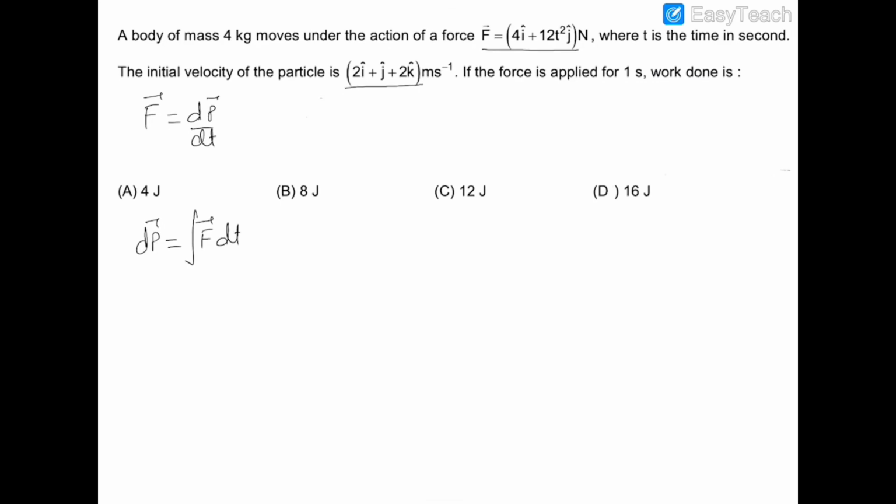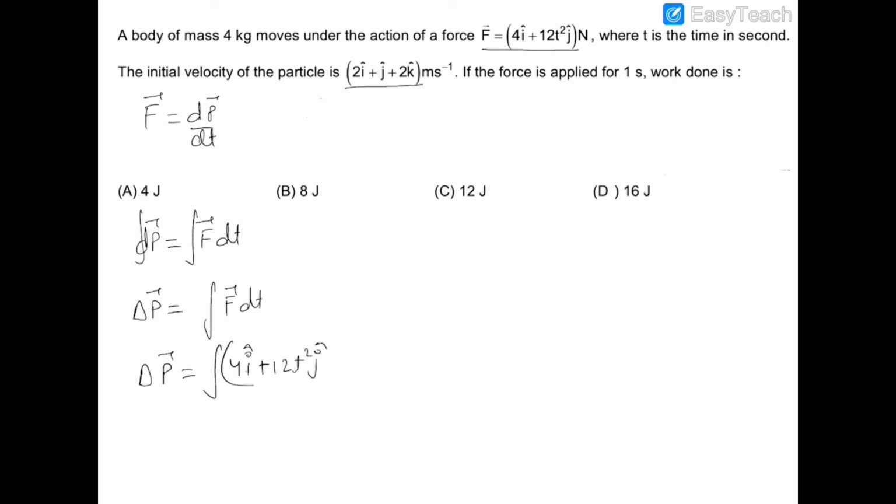Now if I integrate this complete equation, then delta P, the change in momentum, will be equal to the integration of F dt. Now F is given as 4 i cap plus 12 t square j cap.